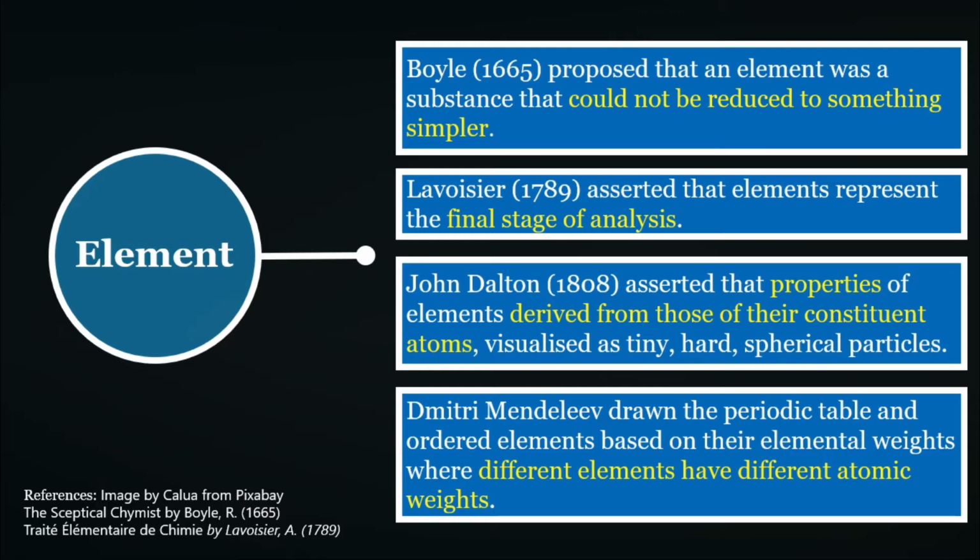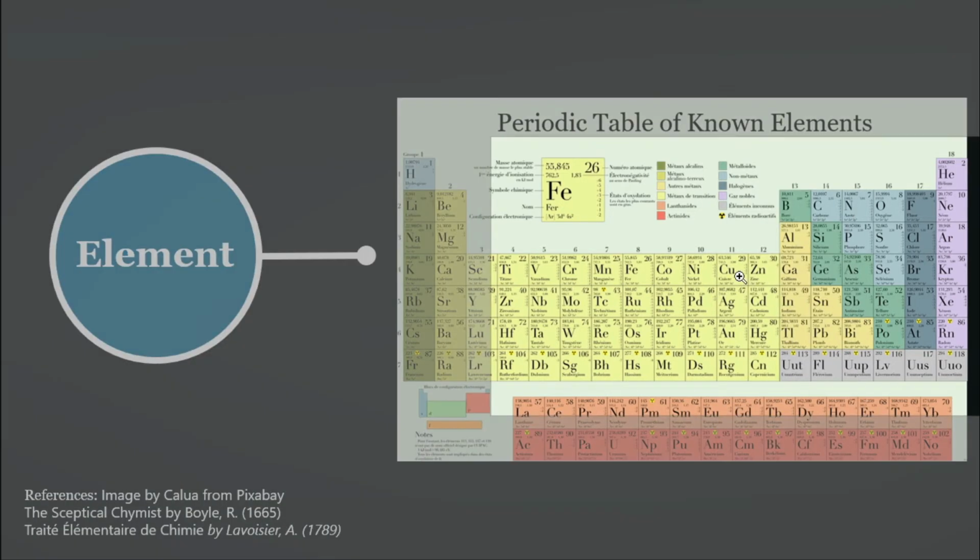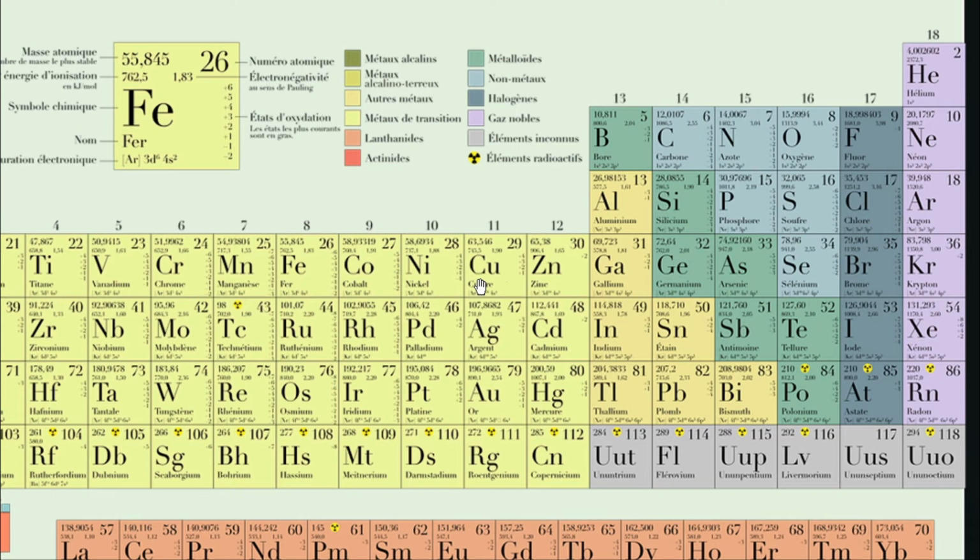Now let's look into the periodic table. Let's say we have the element copper. According to Boyle, it cannot be reduced to something simpler. Basically, this means that copper cannot be made by combining other elements found in this periodic table. In other words, it is the final stage of analysis.